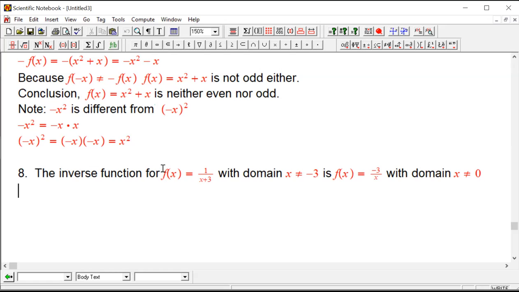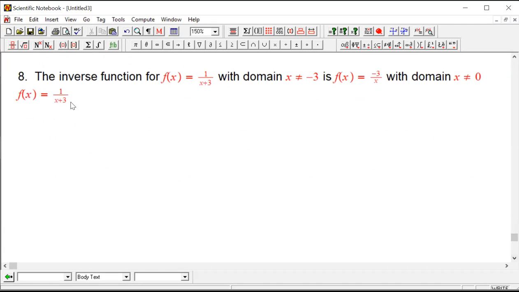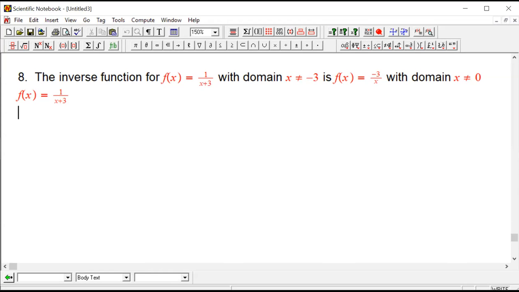There are multiple ways to do this. I'm going to do it the probably most straightforward way. We already were told this is a one-to-one function, right? And if you graph it, it passes the horizontal line test, so that's not a problem.